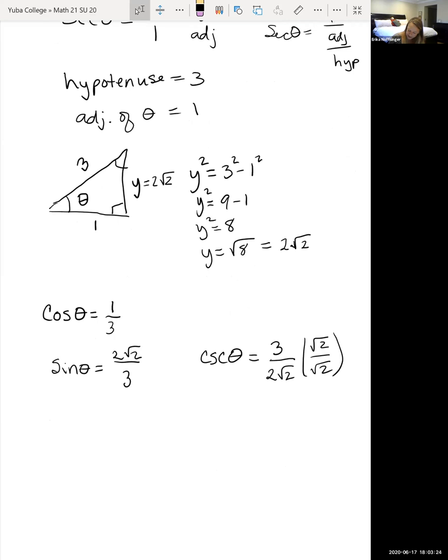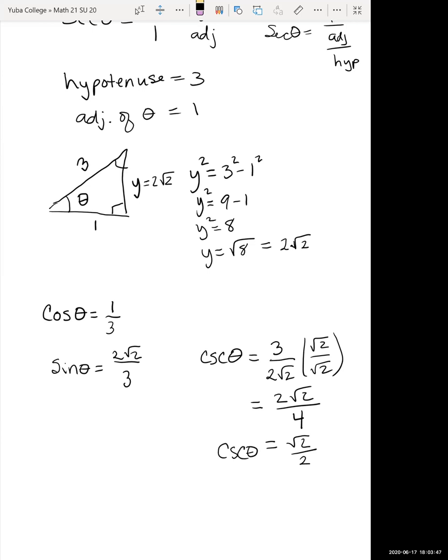So cosecant theta is equal to 2√2 all over, well, square root of 2 times square root of 2 is square root of 4, which is 2, times this 2 out here, which is 4. Things reduce. And so 2 goes into 2 and 4, so we get √2 all over 2.